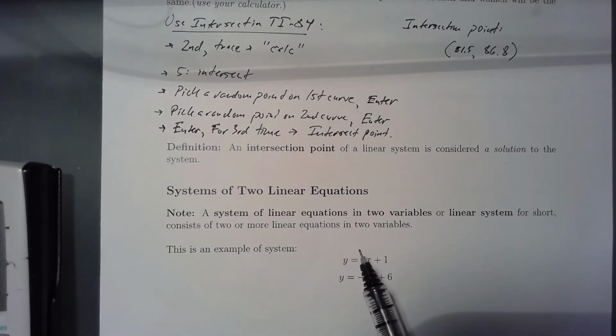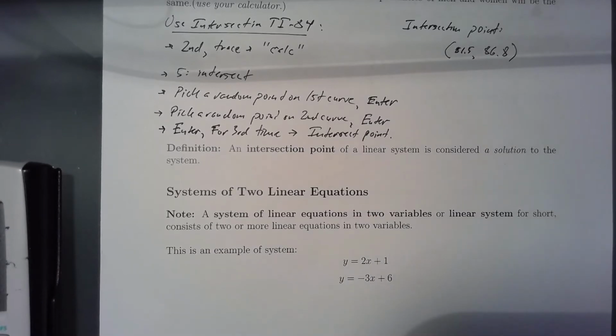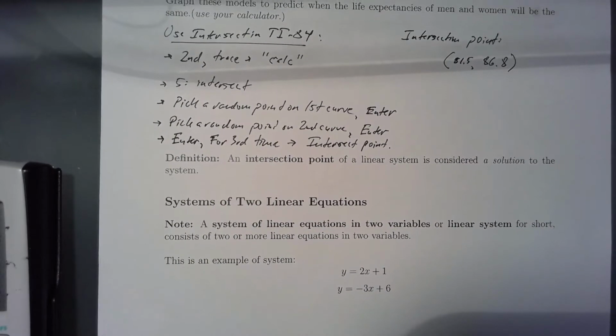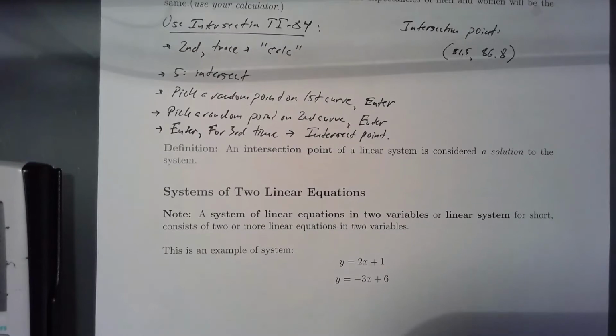What we're looking at right now is a system of two linear equations. Yes, that means there are systems of three equations, four equations, and so on. There are systems of infinite equations, but we're definitely not looking at those in this class, but yeah, they exist. So here's an example of a system with two equations.